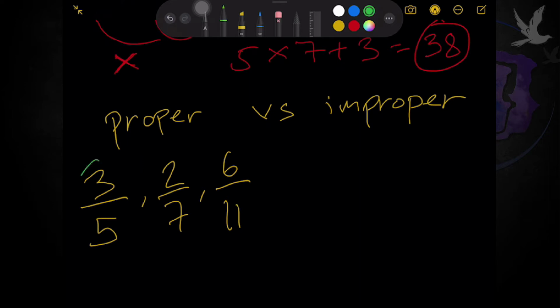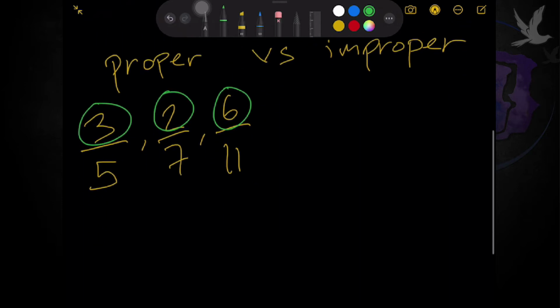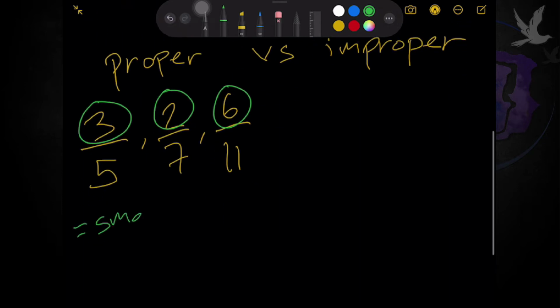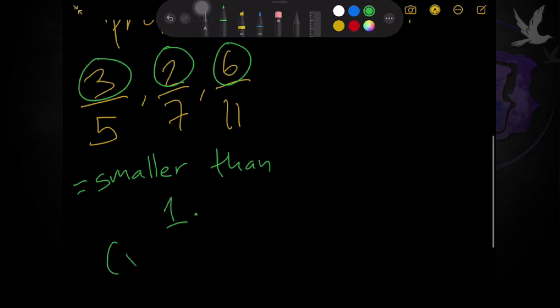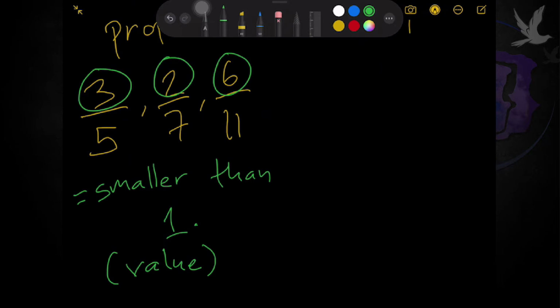So if you notice that our numerators have a smaller value than the denominator, which means this type of fractions are smaller than 1. Okay, in terms of value, meaning 3 over 5, 2 over 7, 6 over 11, they are basically smaller than 1, or they are less than 1.